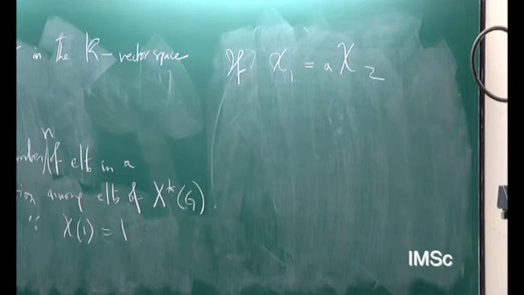If one of them is 0, it will become chi 1 equals 0, which is not true. So both are non-zero, and since both are non-zero, I can divide and write it.